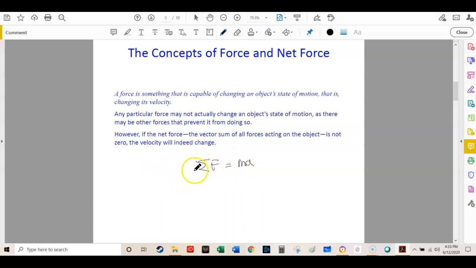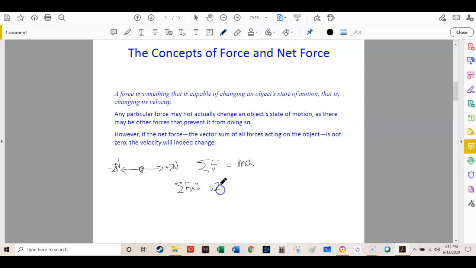So if you summed up all the force vectors, here you have an object with a force of positive 2 newtons to the right, and then negative 2 newtons, a force to the left of 2 newtons. You sum up those forces in the x direction.